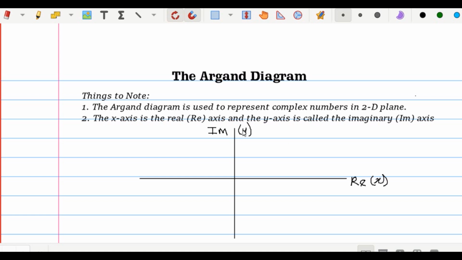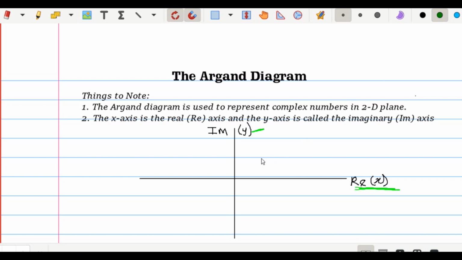Secondly, the x-axis of the Argand diagram represents the real part, and the y-axis represents the imaginary part. Look at it over here. So that is it. Now, we also have to know how to identify complex numbers: which part of the Argand diagram do they belong to?